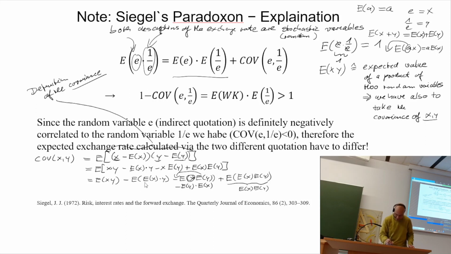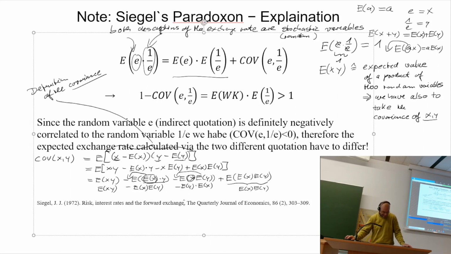Here we can do it in the same way. E of x is a fixed number. This we can take out. So we have minus E of x times E of y. And here still we have the product.